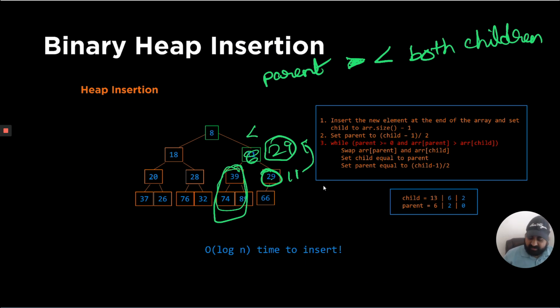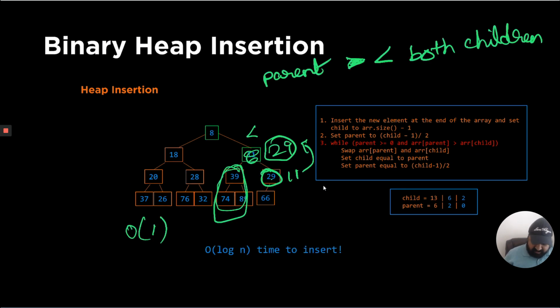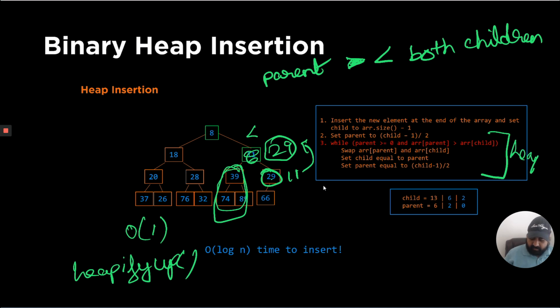Basically, whenever we are inserting an element in the heap, adding an element to the array just takes O of 1 because we just insert the element at the end. Next, we call Heapify up. So this entire algorithm, which is this while loop, is called Heapify up.